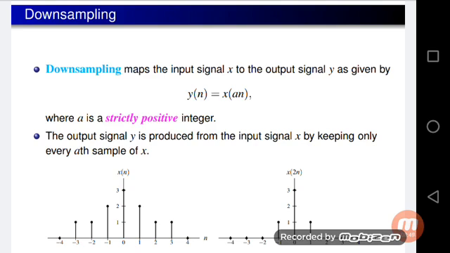So that means by using downsampling, it will decrease the size of the signals, or decrease the amplitude of the signals with respect to time.